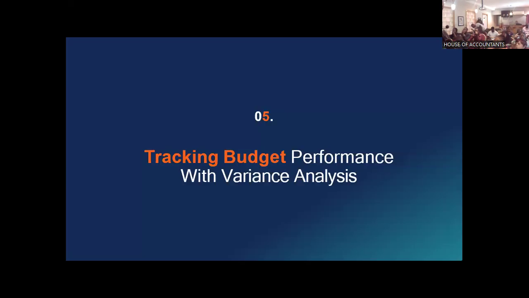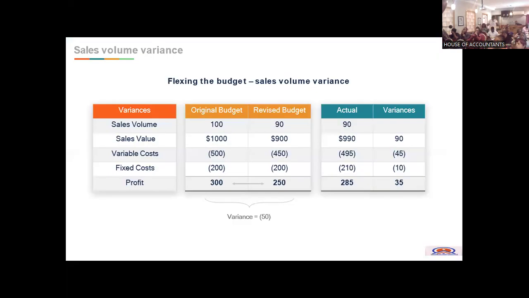So tracking budget performance with variance analysis. We are comparing actual to what? To budgeted. So you can see now we have the original budget and revised budget. Then we have actual and variance.